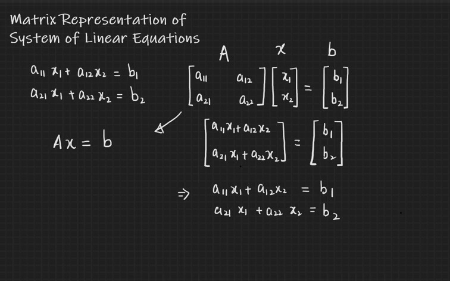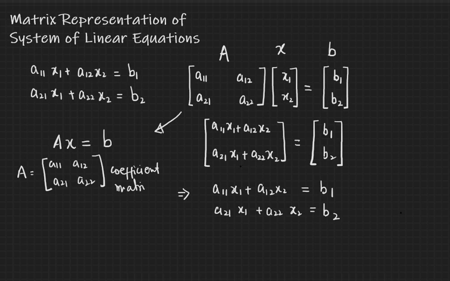where this matrix A is equal to a11 a12, a21 a22, and it is called the coefficient matrix.